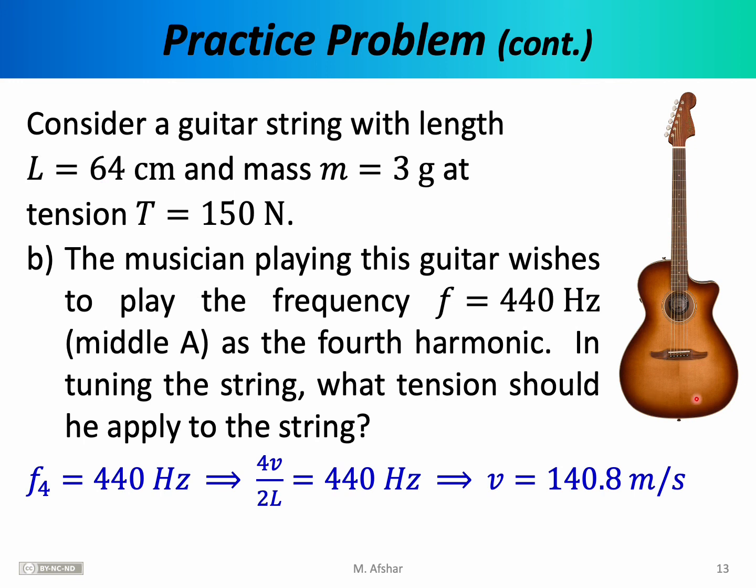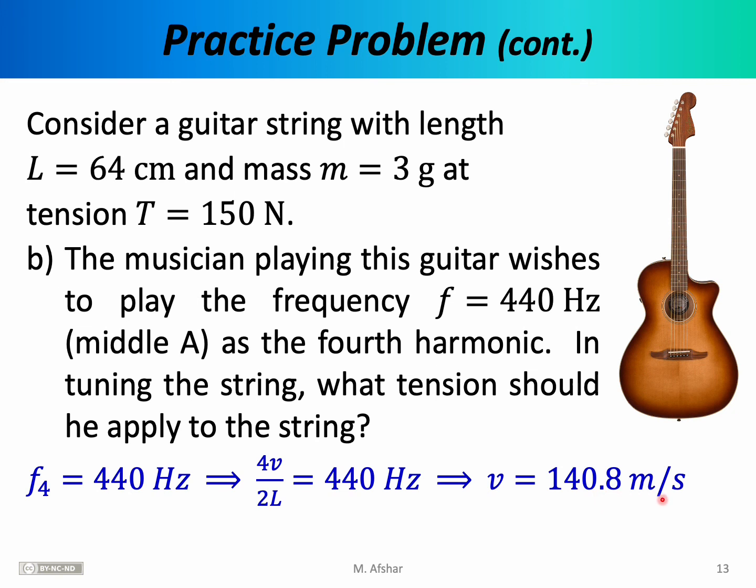Of course, he can go and buy a whole new guitar, one that's a little bit longer or shorter, but given that we must use this particular guitar here, the length of the string is going to be fixed at 64 centimeters. What that means is that in order to achieve a frequency of 440 hertz, we need to have a wave speed of 140.8 meters per second.